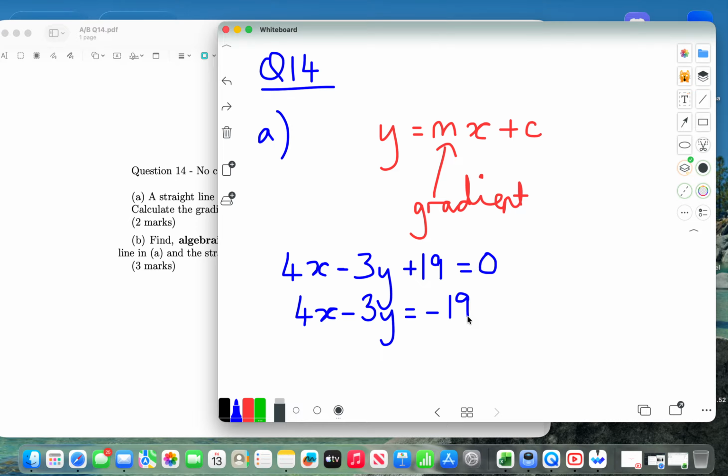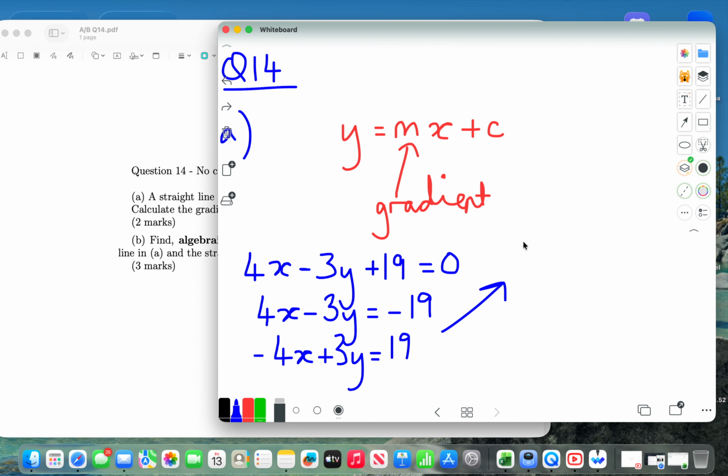And then what I want to do is, we want the coefficient of y to be positive, so we can multiply through by minus 1. So this plus 4x becomes a minus 4x. The minus 3y becomes a plus 3y. And instead of minus 19, we get 19.